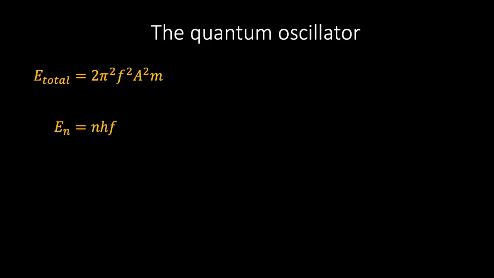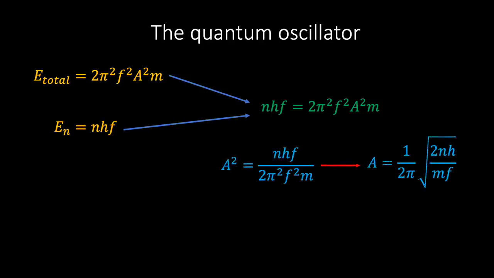Combining these two equations, we find the following green expression. If we then rearrange for A, we see that the amplitude of a quantum oscillator is equal to 1 over 2 pi multiplied by the square root of 2nh over mf. And so we see that depending on the integer value of n, both the energy and amplitude of the oscillator can only take certain values.